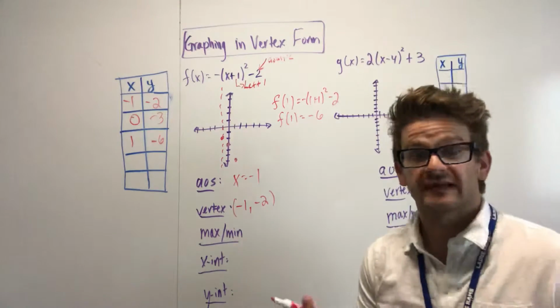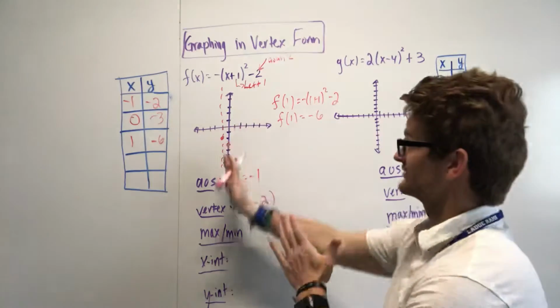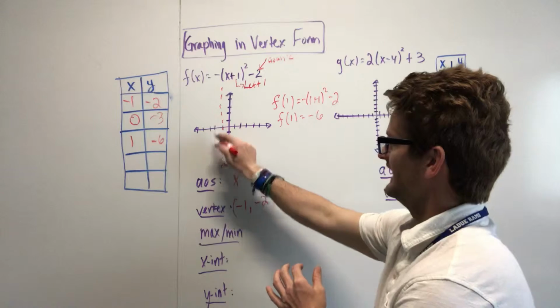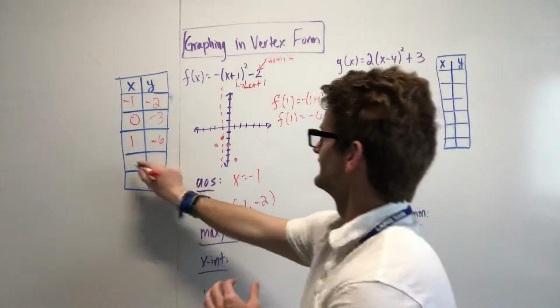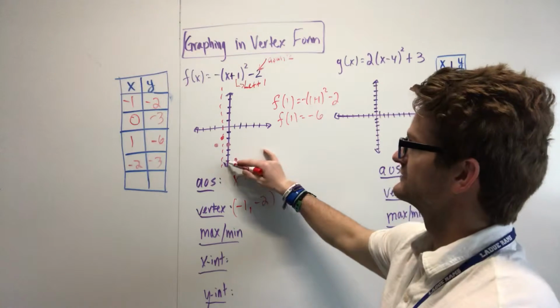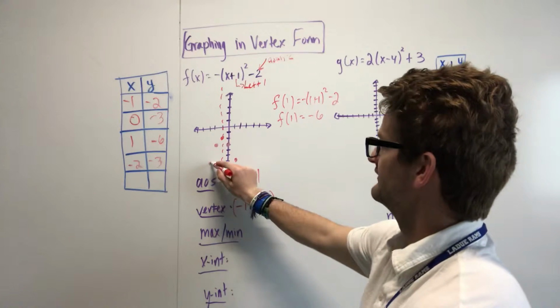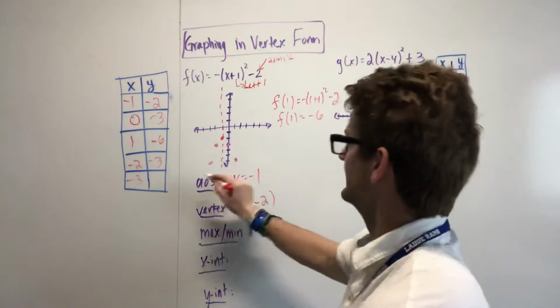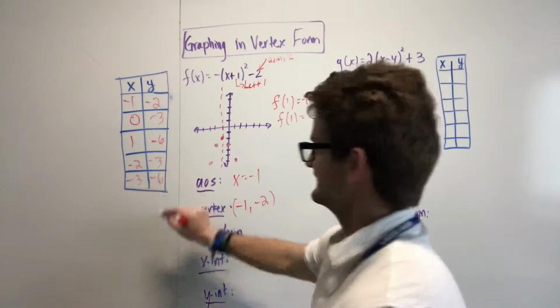I can also use this line of symmetry to find other points. If I reflect across, I have a point at negative 2, negative 3. And then the point that is 2 away gives me a point at negative 3, negative 6.